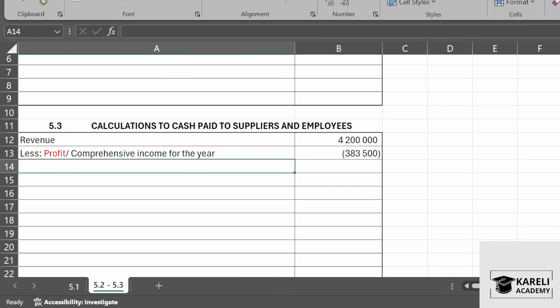And then the answer that you are going to get there would be called the expenses for the year. Now, these expenses for the year, guys, should always be in bracket, please, because we are going to subtract them.